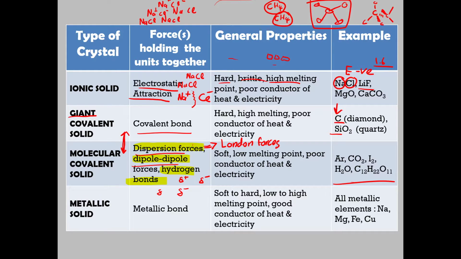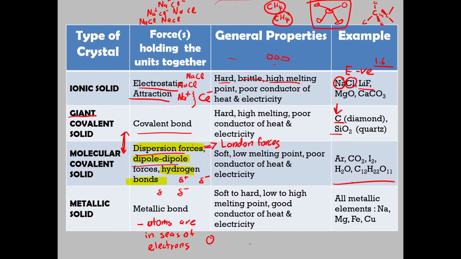While finally it's metallic solid, they have metallic bond. Like metals, the atoms are in a sea of electrons, where all of the atom yang dalam metallic, contoh metal punya bar ke, metal punya besi lah, is how they are connected to each other is diorang punya electrons are in a sea of electron, but it delocalized.